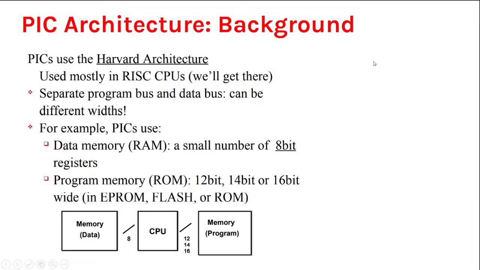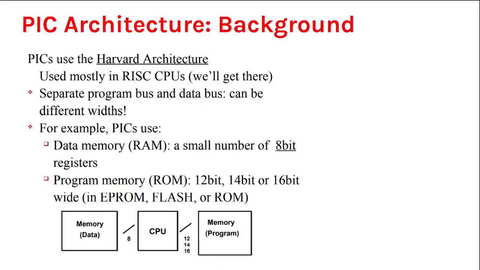Coming to the architecture, PIC uses the Harvard architecture. Basically there are 2 types of architecture, the von Neumann architecture and the Harvard architecture, which we have covered in the previous sessions. I will give you a small recap. In von Neumann architecture, the CPU is connected to the program memory and data memory via the same bus, so it could fetch either program or data at a time.